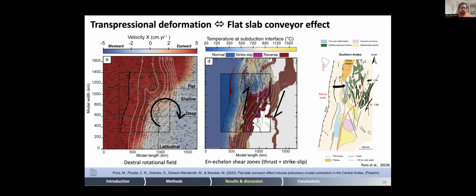We interpret this as a transpressional deformation that comes from the shallowing of the flat slab, and therefore distributes the deformation and uplifts those crustal blocks.